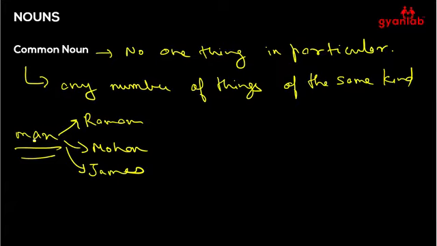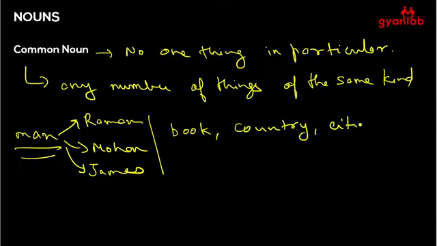If you take the example of a book, it's a common noun, because you can refer to any kind of book with any title under the classification of a book, or a country, or a city. So words like man, book, country, city are common nouns. Common means shared by several, so several things of the same kind.